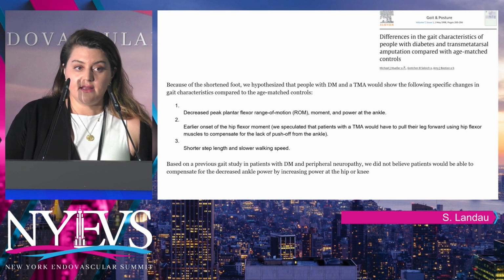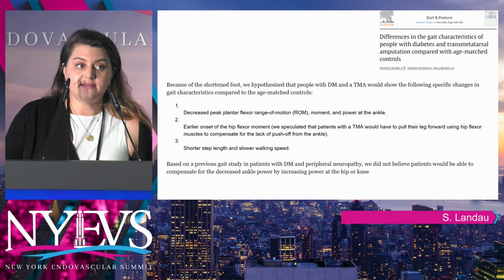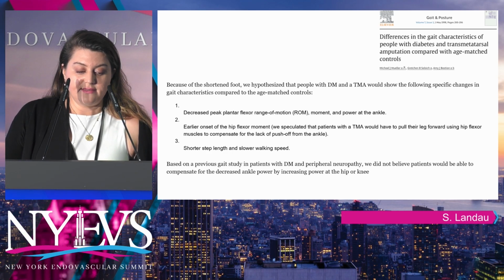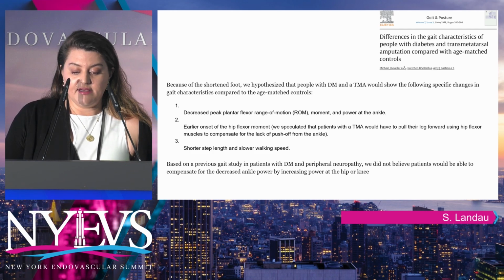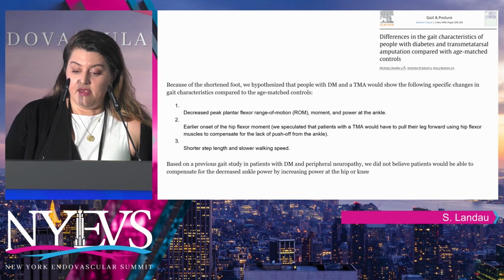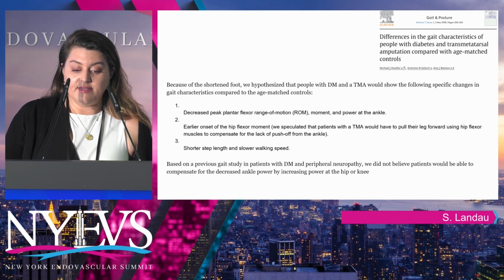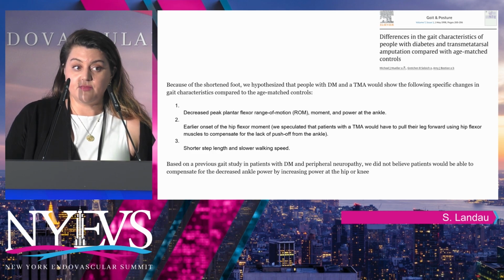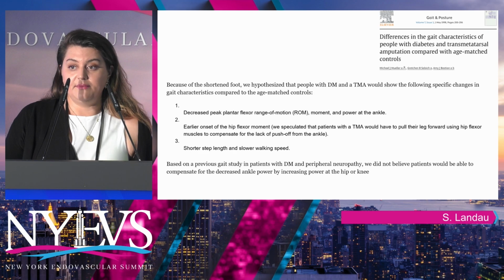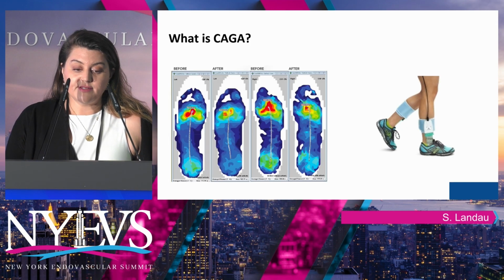So they're moving a lot slower, and it's really mimicking a geriatric gait pattern, but with asymmetries as well. Based on the previous gait study that they did, they believe that patients with diabetes and/or peripheral neuropathy weren't able to compensate for all of these issues by increasing the power at the hip and knee, because most of them weren't even capable of it. So what could happen then? They can really be dragging that limb and/or re-ulcerating.